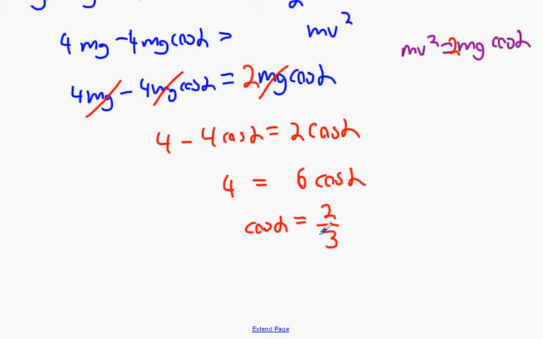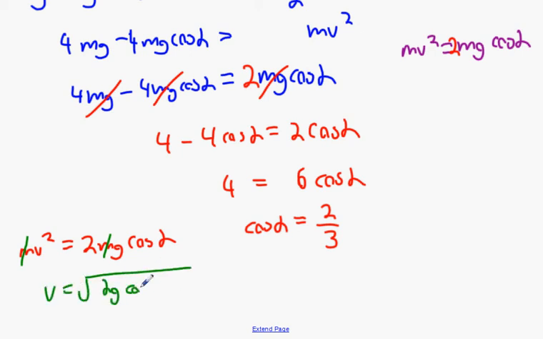Now, what we're doing next then, guys, is we have to find out V. So we have a formula over here, don't we? mv squared equals 2mg cos alpha. The m's will cancel. And then we're going to get V equals the square root of 2g cos alpha.